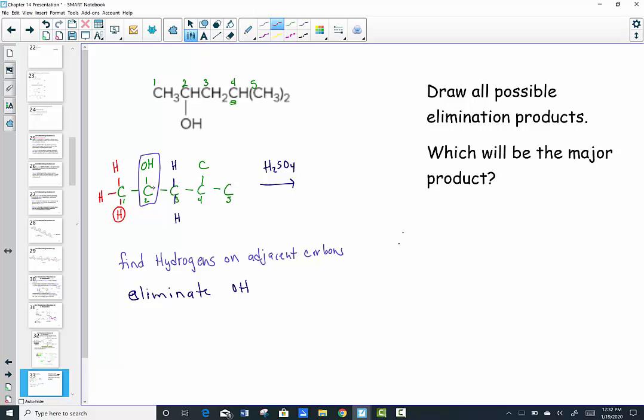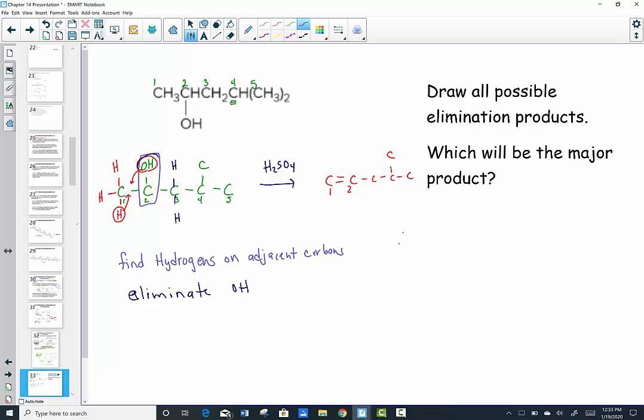We're going to eliminate OH, and when we do so, the bond collapses and the double bond will go between carbon 1 and carbon 2. And I made that structure red on purpose so that you could see the double bond between carbon 1 and 2. Now let me go back to the blue color coding.